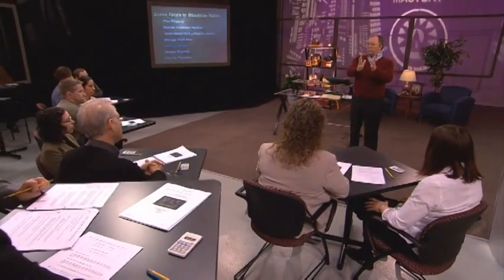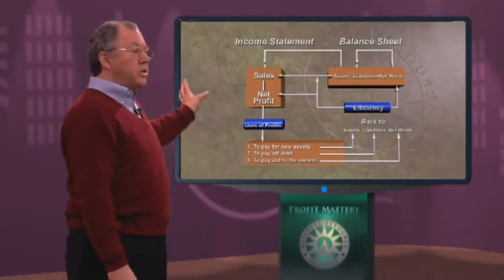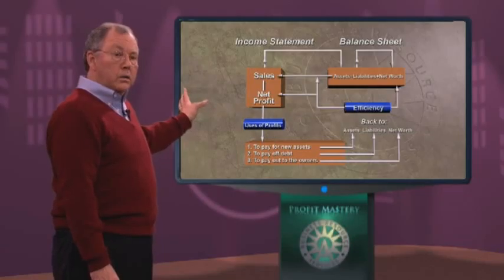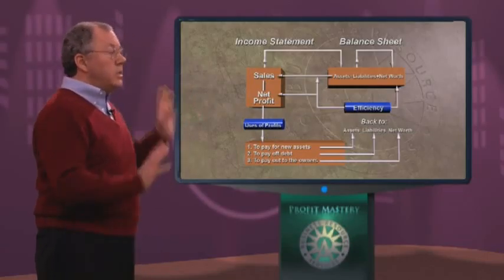So growth is reflected by sales and hopefully what? Profit. It would be nice if profit went up. But if sales were going up, is it possible for profits not to be? Yeah. I have a feeling that people would still say my business is growing. But it would be nice to have profits too.